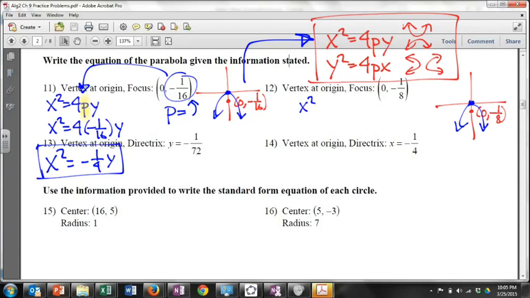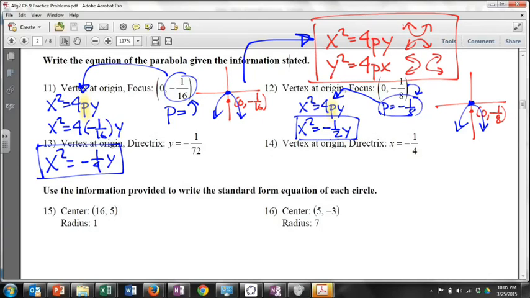So x squared is equal to 4py. What is the value of p? Again, p is equal to -1/8. So I just plug this value of p into here. I get x squared is equal to -1/2 y. And that's the solution for number 12.